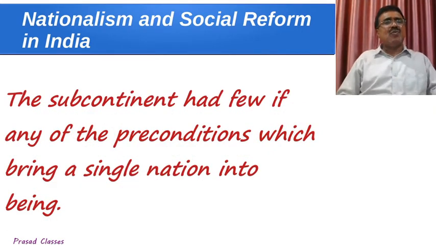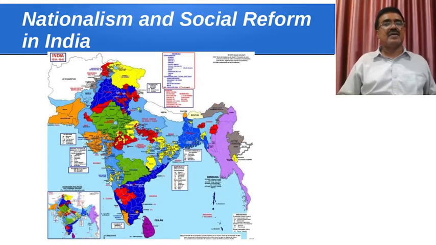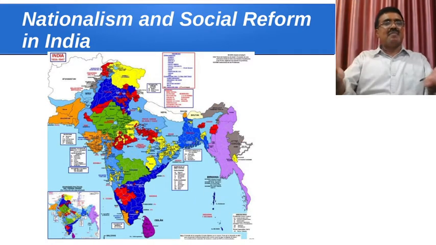The subcontinent had few, if any, of the preconditions which bring a single nation in. The picture of the Indian subcontinent was entirely different from what we see today. This is only a British India map; even it was divided more than that.